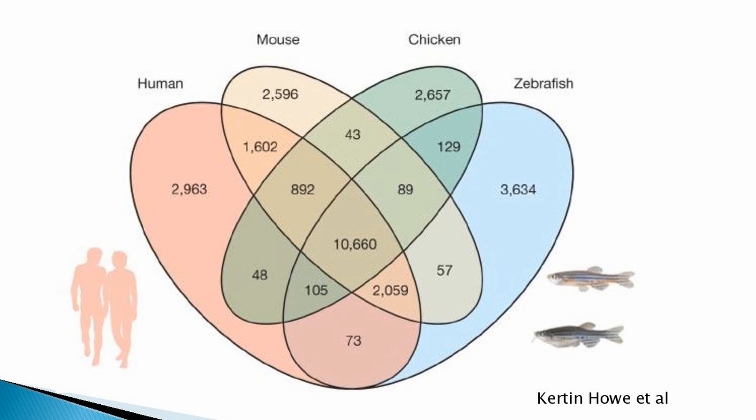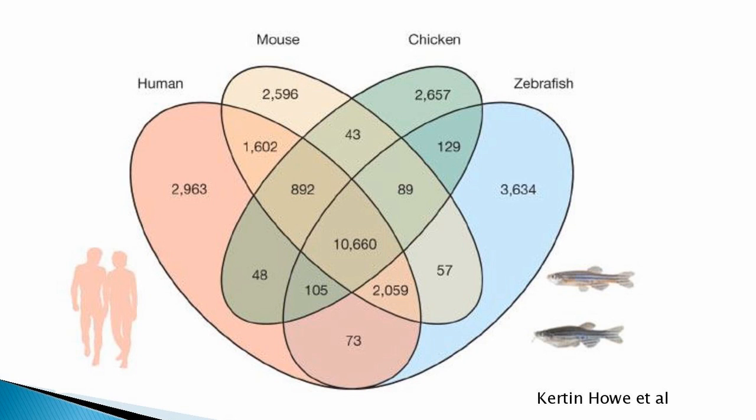In the same way, if you just compare human, mouse and chicken, there are 892 genes. So here we have some slight doubt, that there are almost double the genes present in this comparison with chicken and zebrafish. Human, mouse and chicken are amniotes, unlike zebrafish, which is an invertebrate.